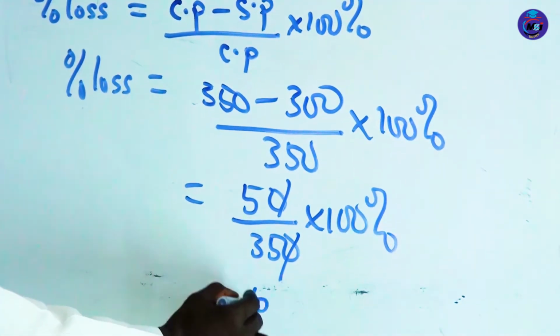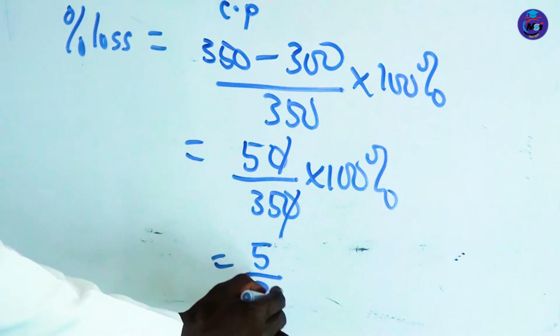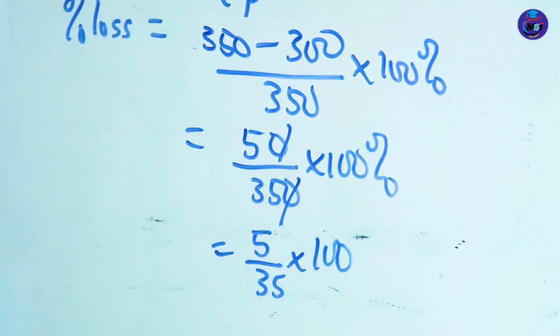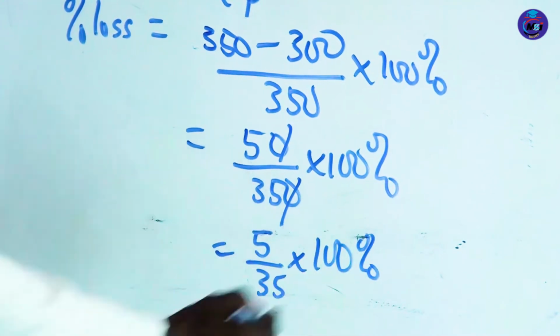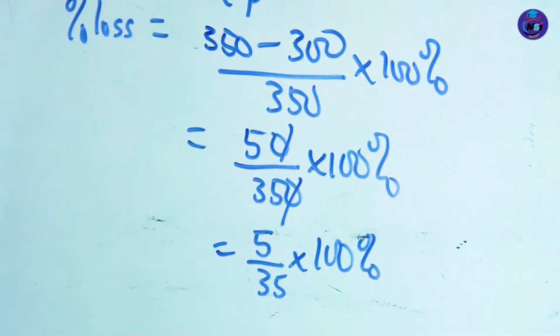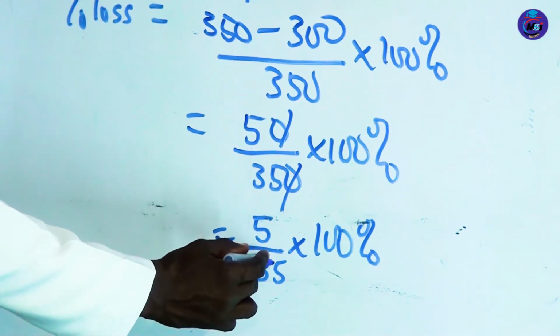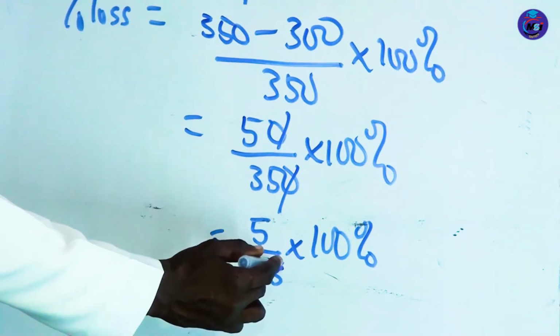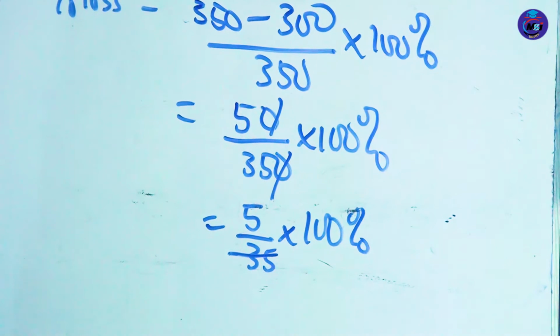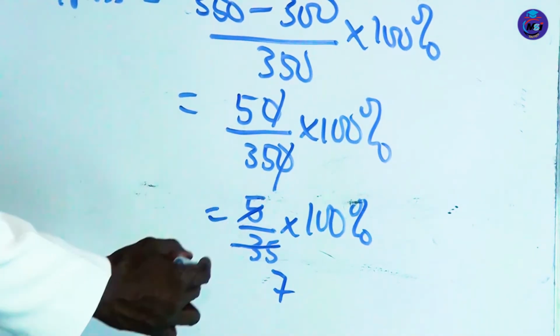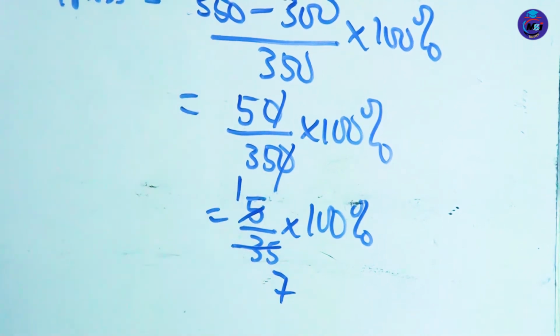We are left with 5 over 35 times 100%. Okay, now we can still cut this. 5 here, we have 7 here; 5 here, we have 1.